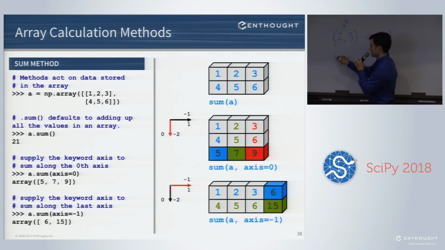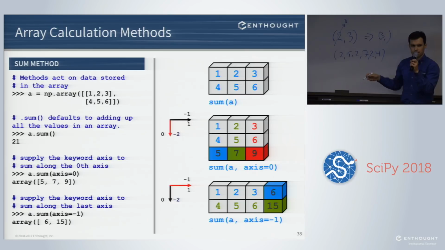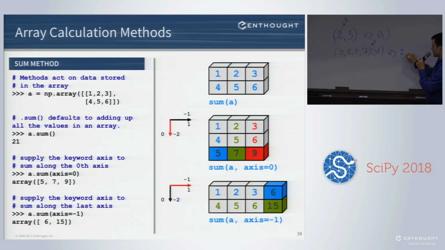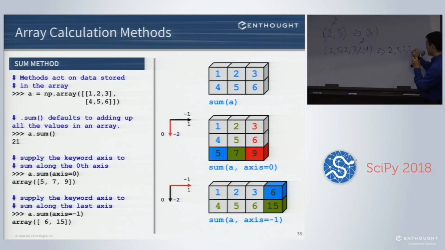If I have an array that's 2 by 5 by 7 by 2 by 4, I'm starting easy here, and I do axis equals 0, 1, 2, 3. So that's a 3. The output of this will be, that was a terrible example, I'm sorry, 2, 5, 2, 4. Right? The one that I'm specifying is the one that goes away.